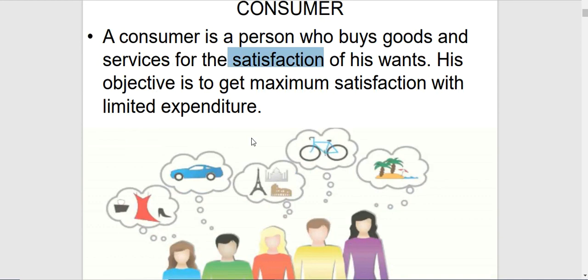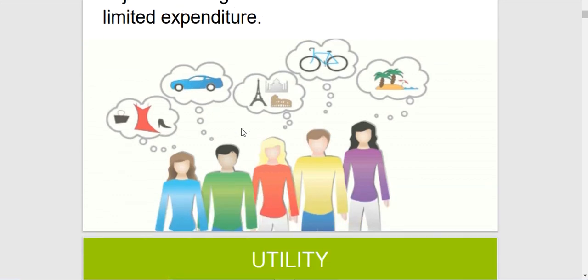There is nobody so far who has unlimited resources. We go by this presumption that every consumer has limited resources, but unfortunately his wants are unlimited, and with the limited resources that he has, he would try to spend his limited resources in order to satisfy his maximum wants.